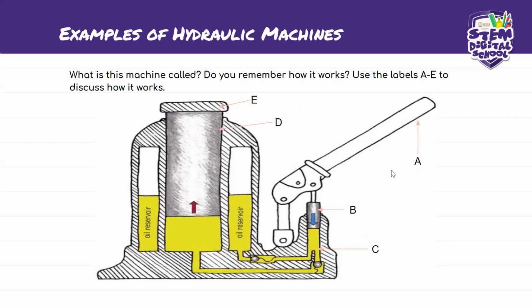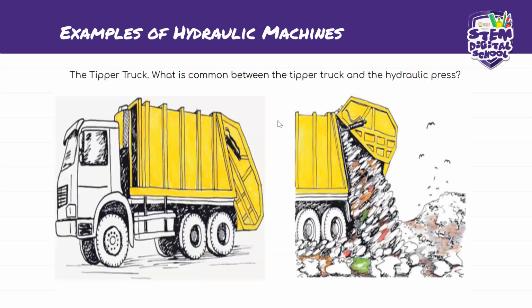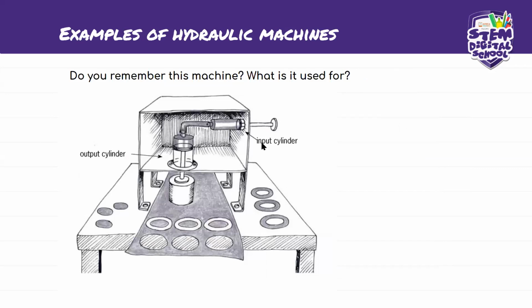Okay? And going back to another machine, the input here is manual. It can be manual, but in a real hydraulic press, the input is not manual. You have to put this machine where it will be powered by electricity. So there will be other systems here which will bring an input to the input cylinder.